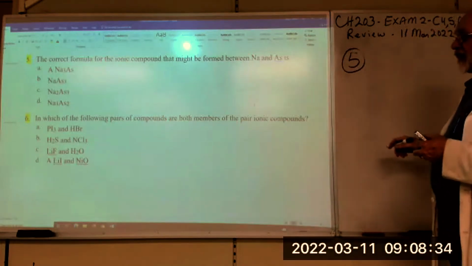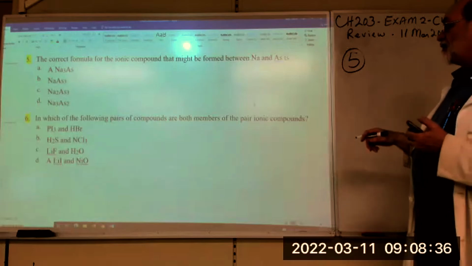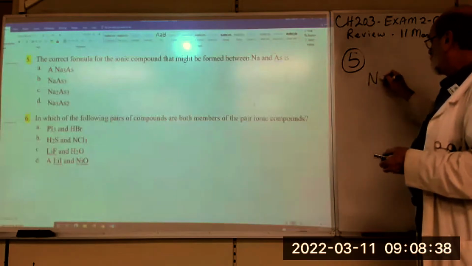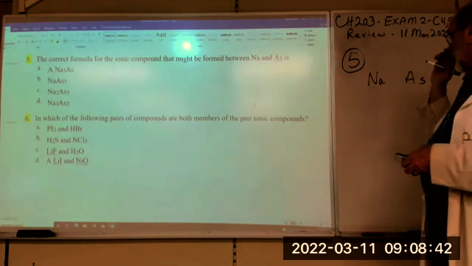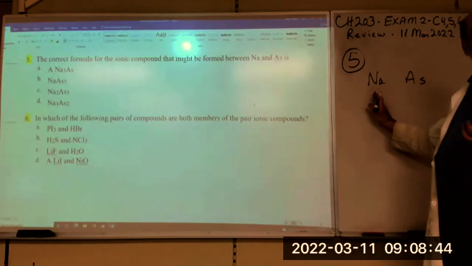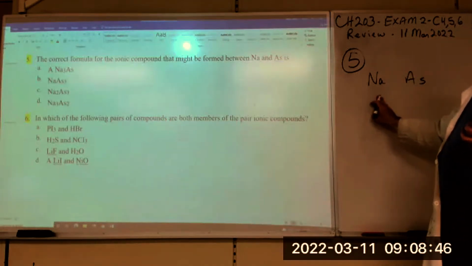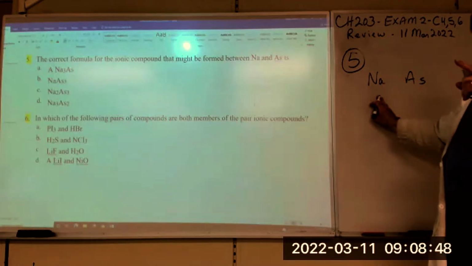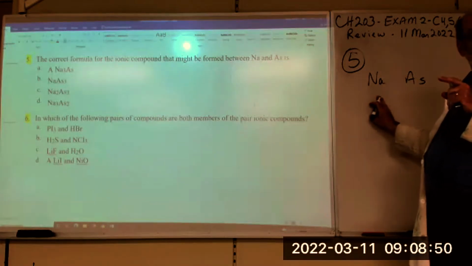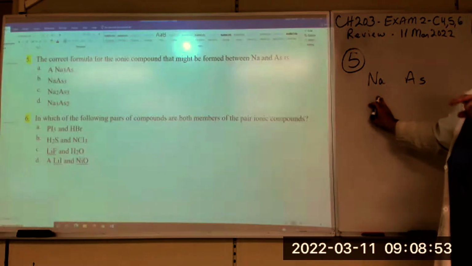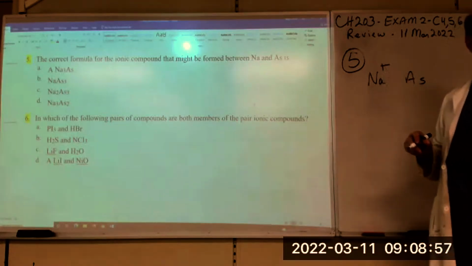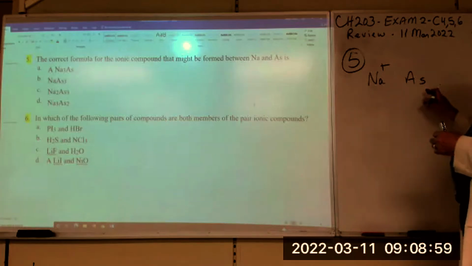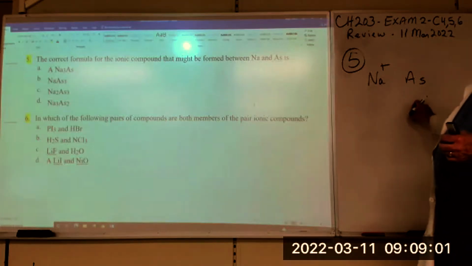The correct formula for the ionic compound that might be formed from sodium and arsenic. Okay, where's sodium? It's in the first group, right? Alkali metal, so it has only one possible charge, +1. And arsenic is in what group?